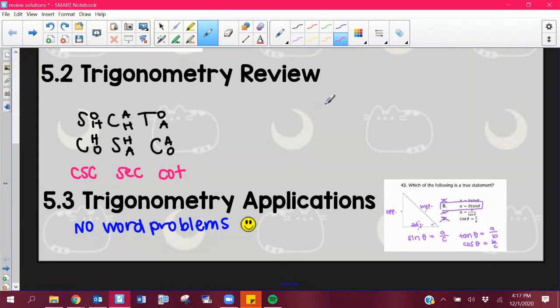So remember, if you're ever looking at your SOHCAHTOA, all that means is that the sine of an angle is equal to the opposite leg over the hypotenuse. And remember, when you're dealing with a reference angle, it's always going to be formed with the x-axis. So the side that's opposite is going to end up being your y value, and the side that's adjacent to your theta or your reference angle is going to be your adjacent or your x value.